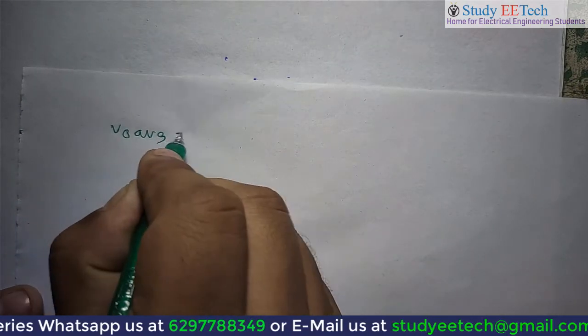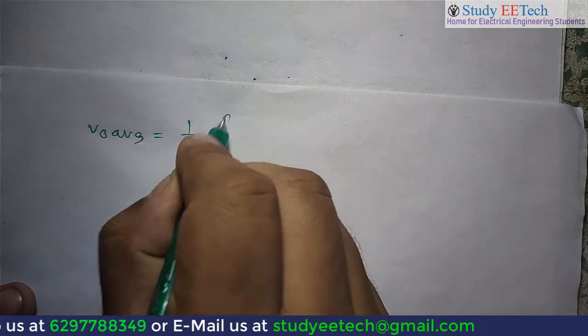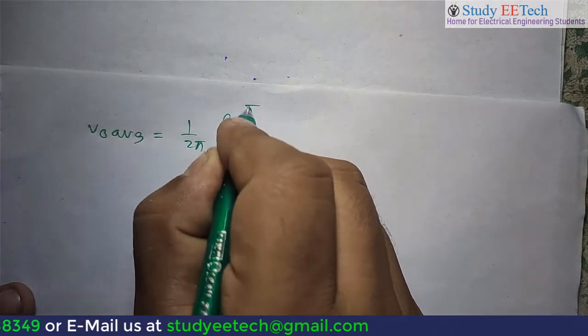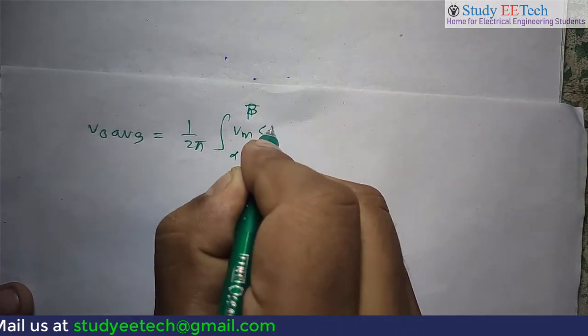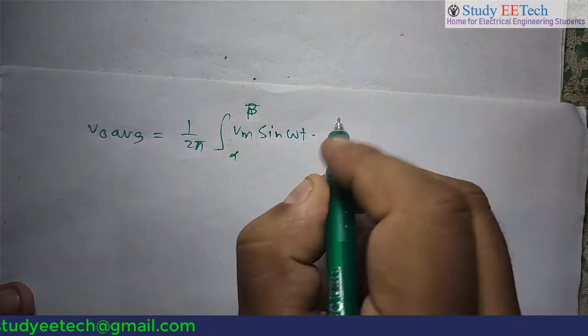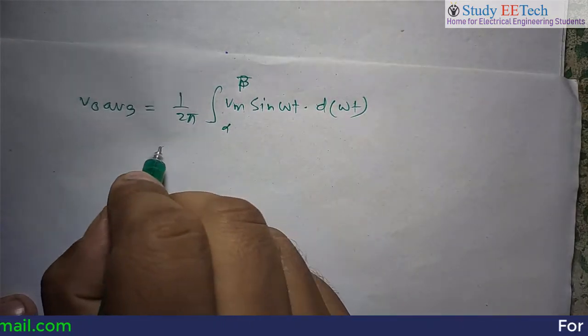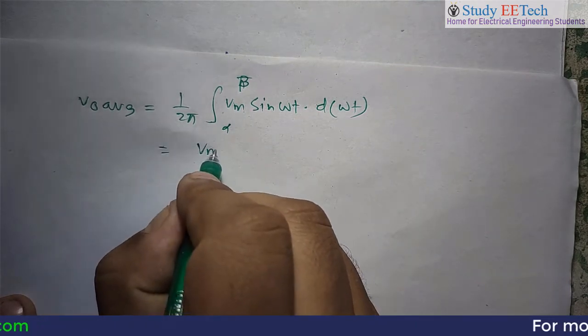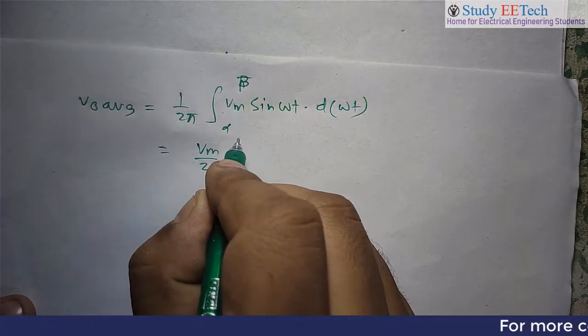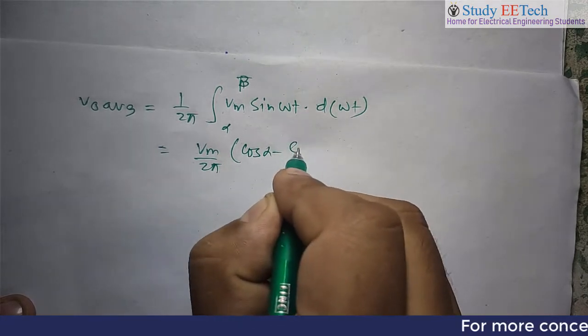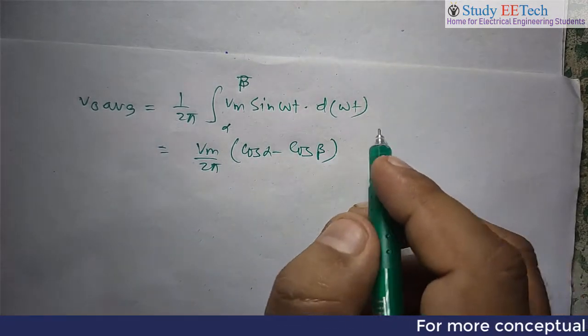VO average will be 1 by 2 pi, integral from alpha to beta of Vm sin omega t d of omega t, and the simplification will be Vm by 2 pi into (cos alpha minus cos beta).